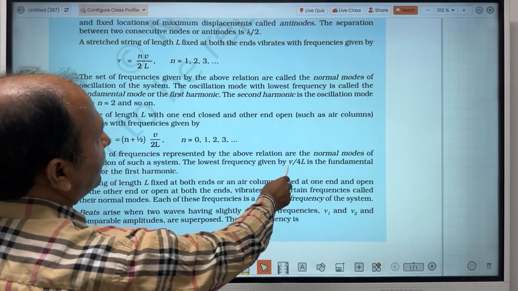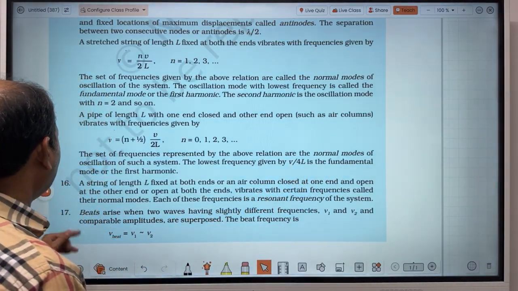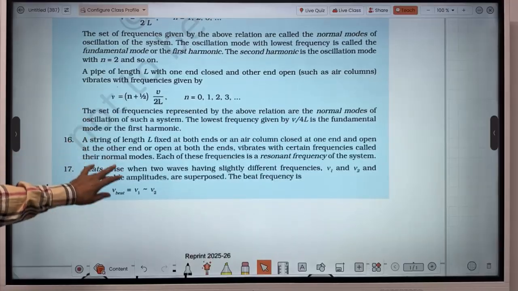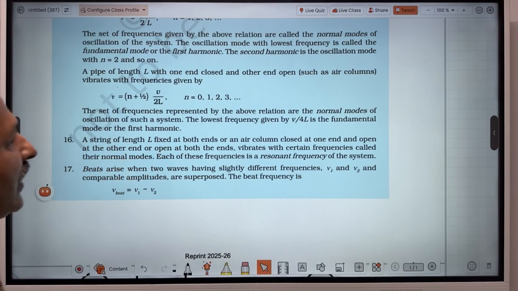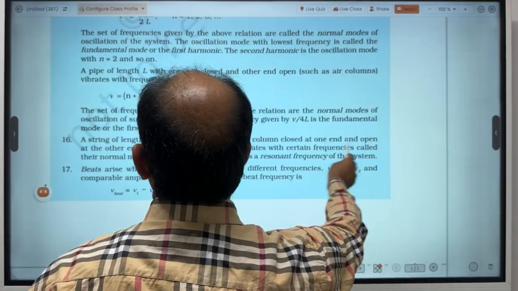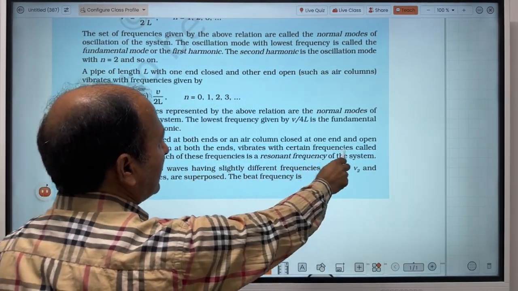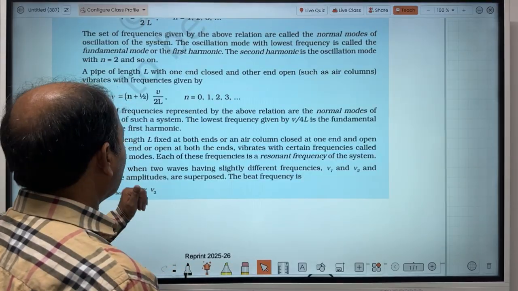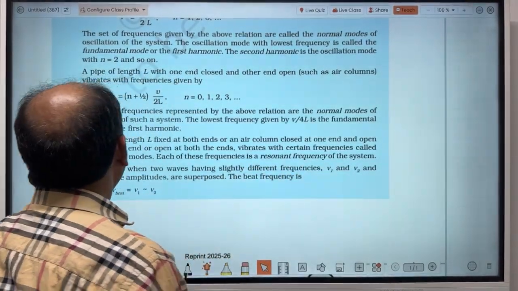The lowest frequency is given by v upon 4L, which is called the fundamental mode or first harmonic. A string of length L fixed at both ends or an air column closed at one end and open at the other end or open at both ends vibrates with certain frequencies called their normal modes. Each of these frequencies is a resonant frequency of the system.